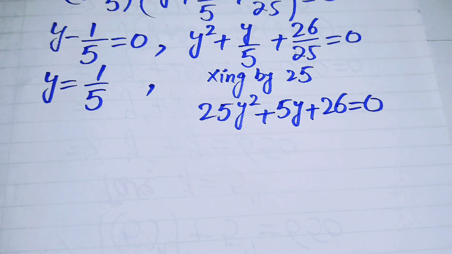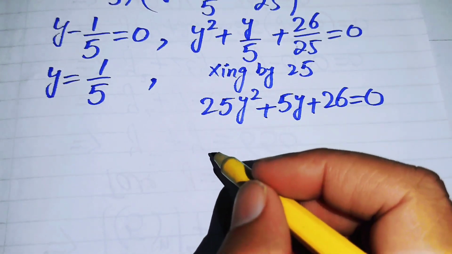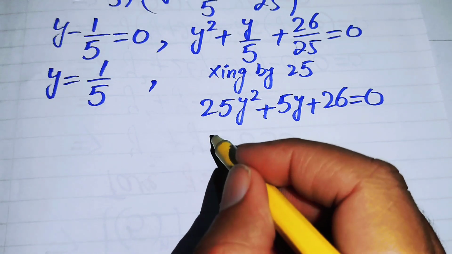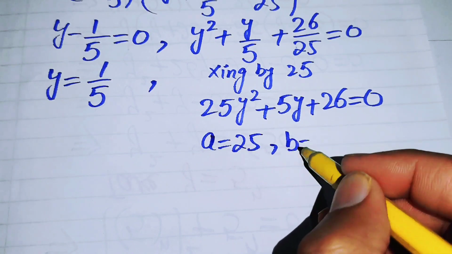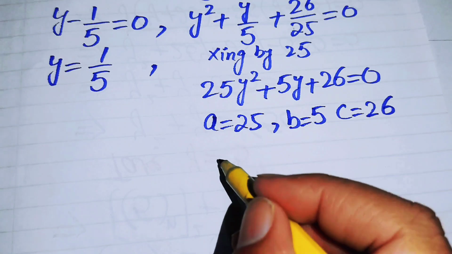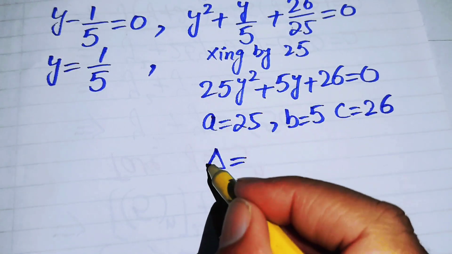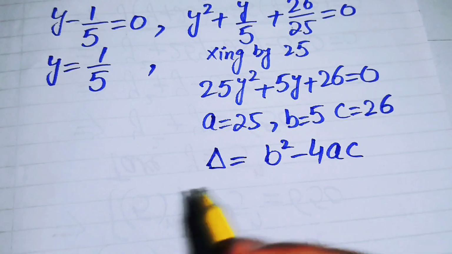Because in this problem we need to solve the given question for real values of n, first I can check whether this quadratic equation has real roots or not by using the discriminant formula. You know that here the value of a is 25, b is 5 and c is 26, and our discriminant formula is delta equals b squared minus 4ac.